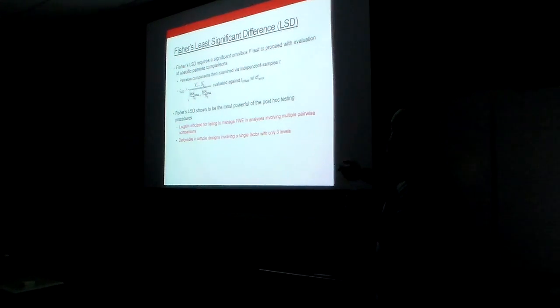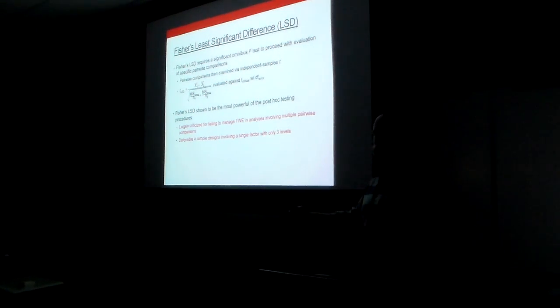Fisher's is powerful, okay, but criticized for doing basically nothing to manage pairwise comparisons across multiple tests, okay? If you've got a simple design, only 3 levels, right? So you've got 3 different groups, you can maybe get away with Fisher's, but basically this is not correcting for anything.